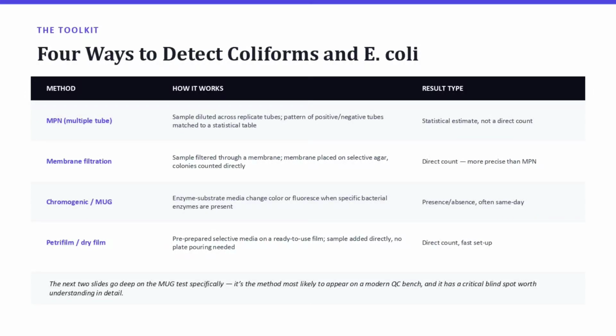This is a direct count, and it's more precise than MPN. Chromogenic, or mug testing. Enzyme substrate media change color or fluoresce when specific bacterial enzymes are present. This gives you a presence or absence result, often available the same day. And Petrifilm, or dry film methods. Pre-prepared selective media on a ready-to-use film, sample added directly, no plate pouring needed. This gives a direct count with fast setup.